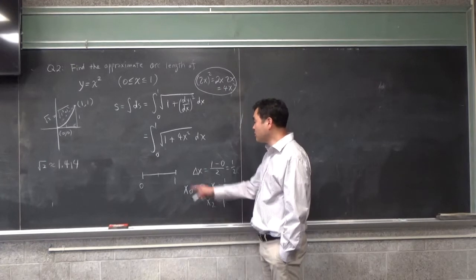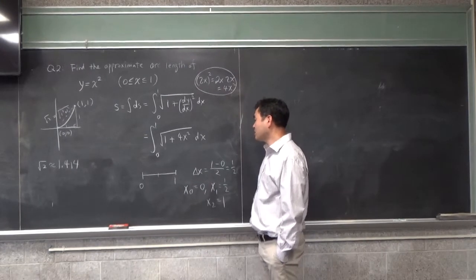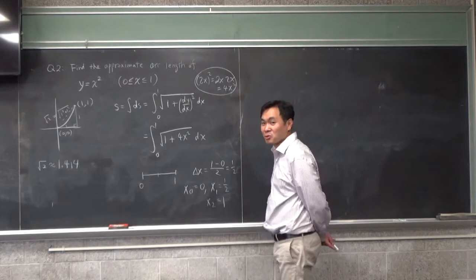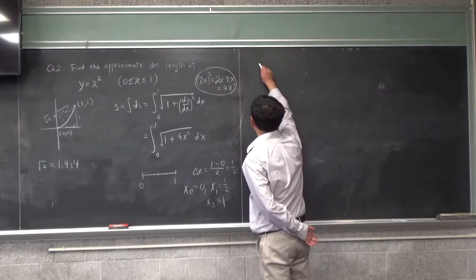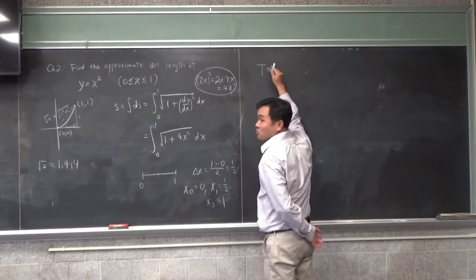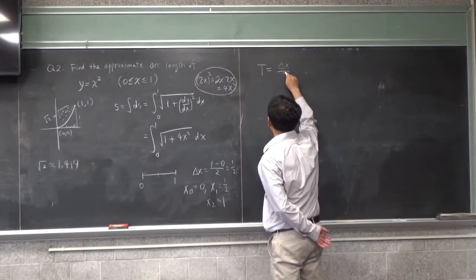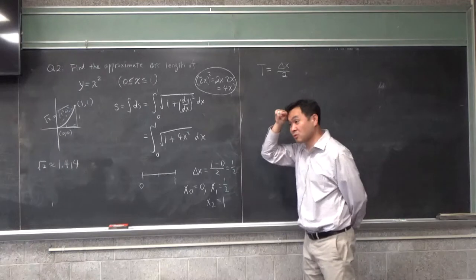If you have just this much, I guess one way to do it would be Simpson's, but that's too simple. Let's try trapezoidal, okay? Trapezoidal approximation. Do you remember the formula? Delta x over, I want to say 3. 2. The 3 one is the Simpson's.